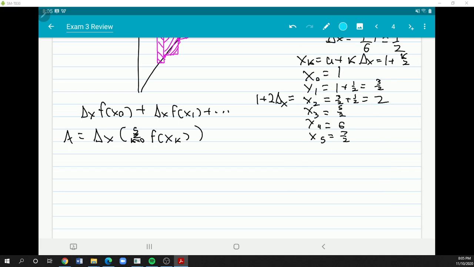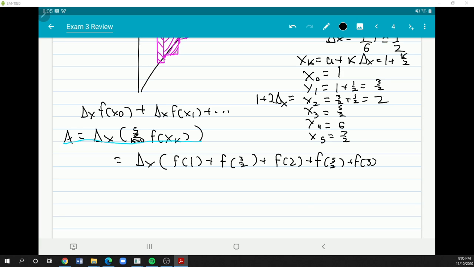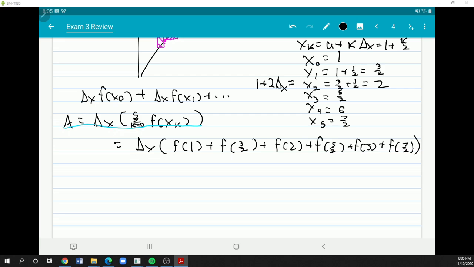But this gives us a nice compact notation. So this is equal to delta x times f of 1 plus f of 3/2 plus f of 2 plus f of 5/2 plus f of 3 plus f of 7/2.